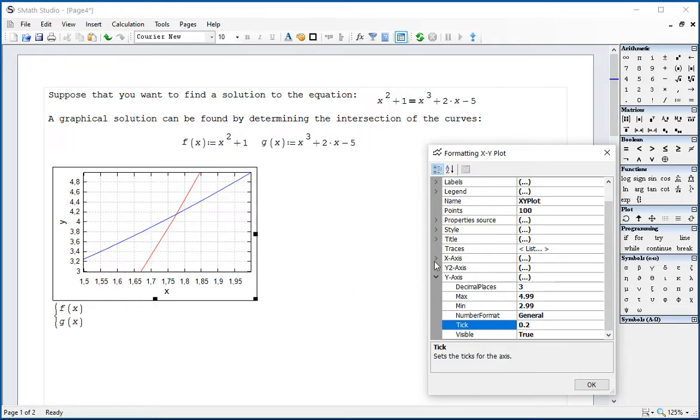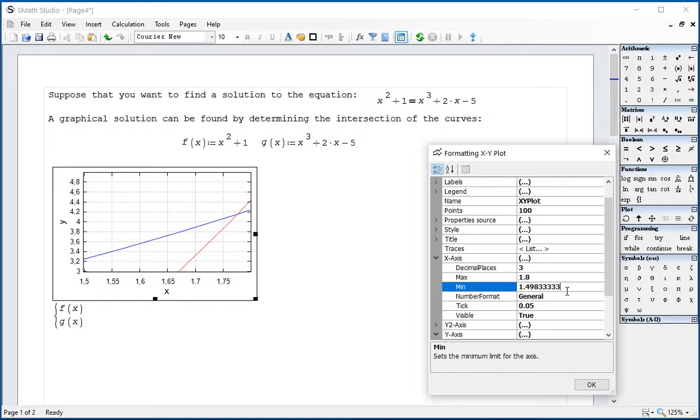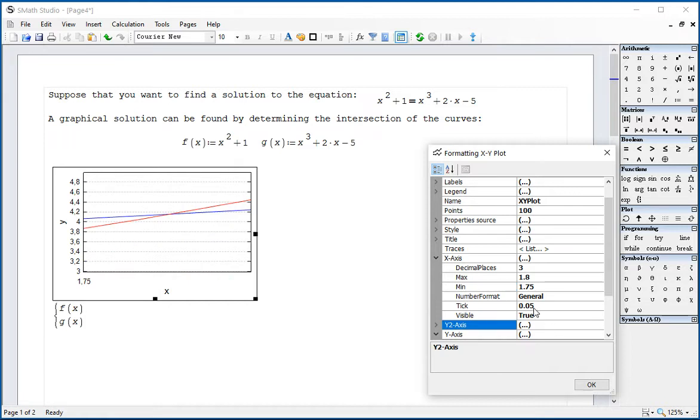I could even narrow down to 1.75 to 1.8, to narrow down my solution. And in the vertical direction, between 4 and 4.2.